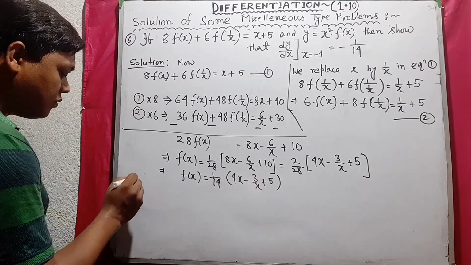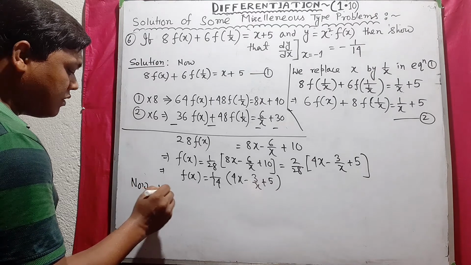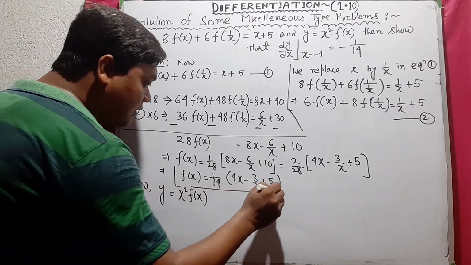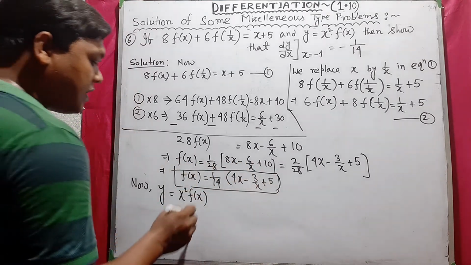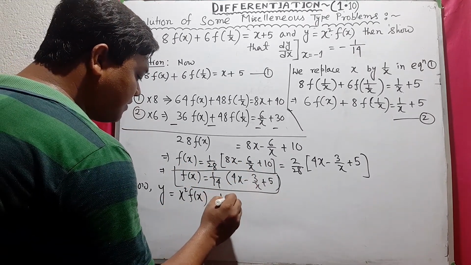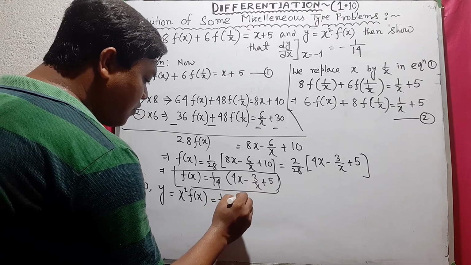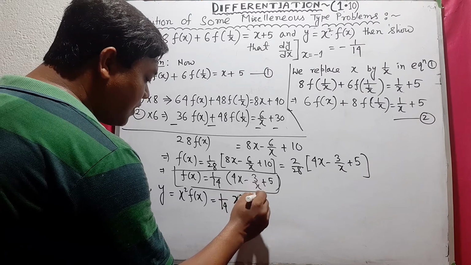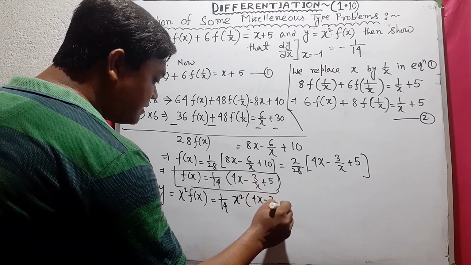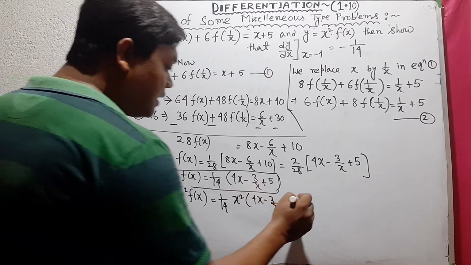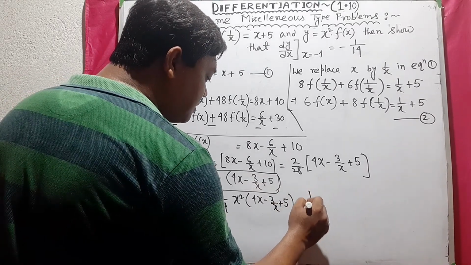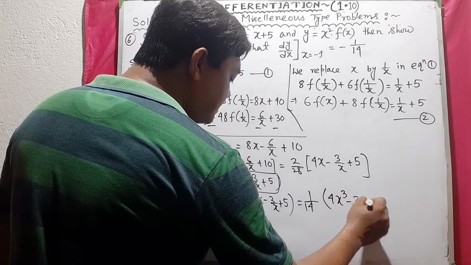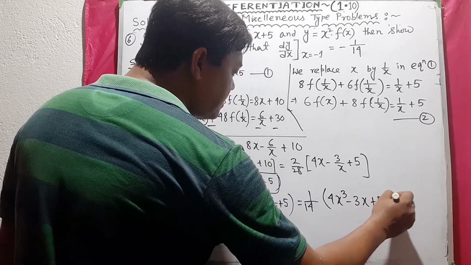So now, given that y equals to x square f(x), and f(x) is already calculated. So x square f(x) means 1 by 14 into x square into 4x minus 3 by x plus 5. So 1 by 14 into 4x cube minus 3x plus 5x square. Am I right?